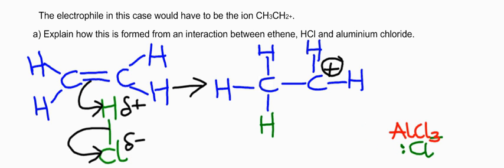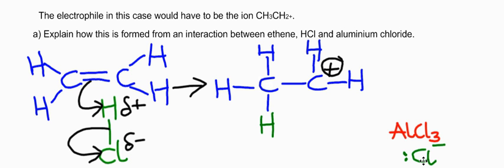So we get our normal AlCl4 minus. That frees up our carbocation here to go on to react with benzene in an electrophilic substitution reaction.